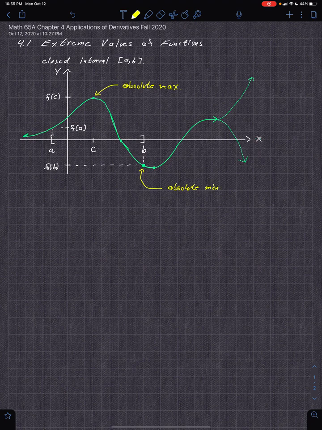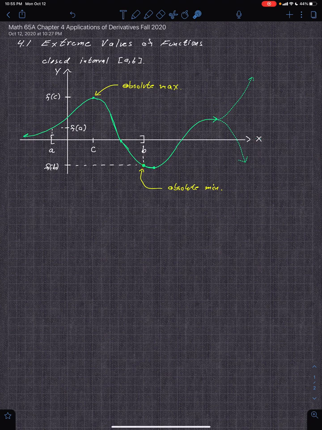So basically our theorem says that on a closed interval from A to B with a continuous function, right? There can't be any gaps in it. On a continuous function, there exists a maximum and a minimum. And they may occur at the endpoints. That's essentially the punchline of this whole thing.